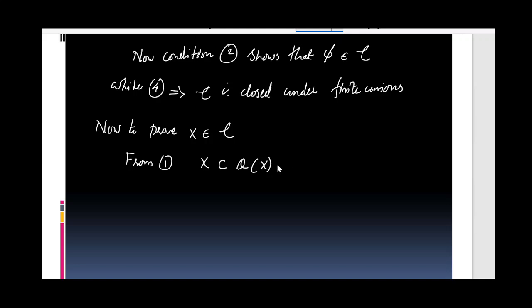And theta of X is contained in the power set of X, hmm, theta of X is contained in X, and X is contained in theta of X. This should be satisfied, which implies X is nothing but theta of X. Therefore, since we have already mentioned it here.